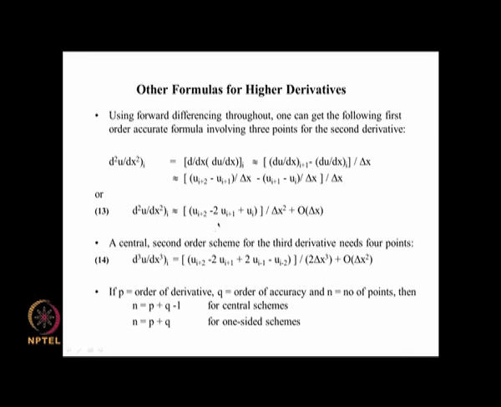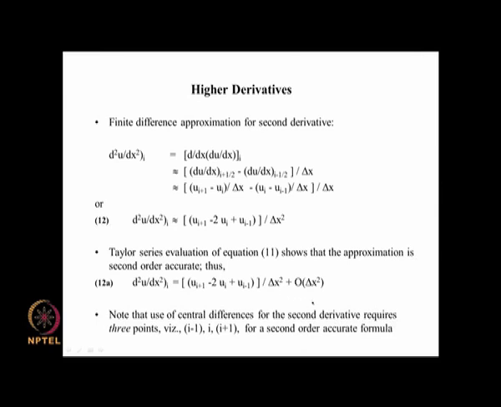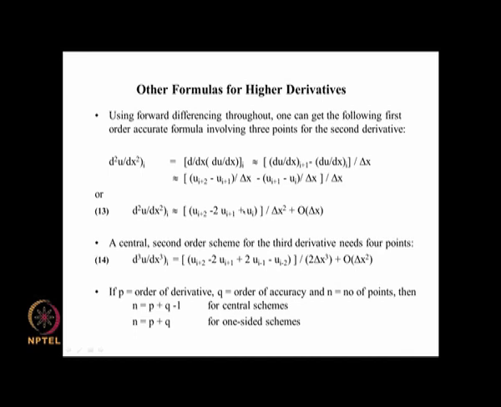So, compared to the previous one, where we have a second order accurate approximation for the second derivative at i involving 3 points spread on either side, here we have 3 points again, but all the 3 points are on the same side of u_i.